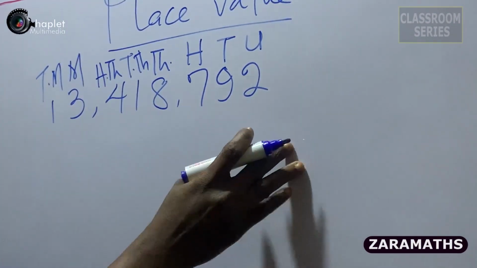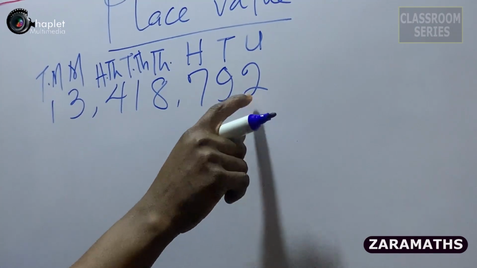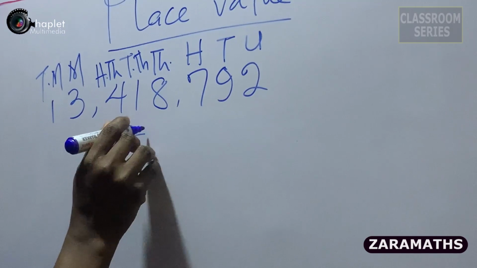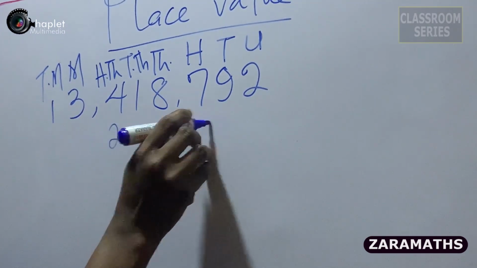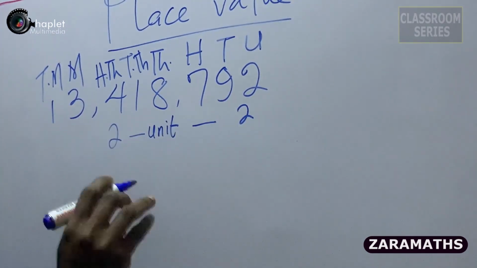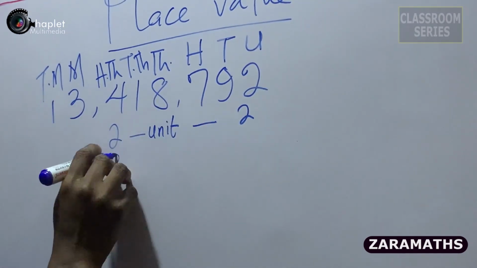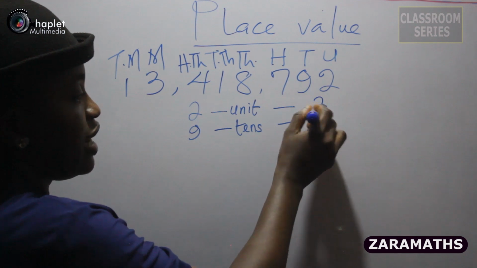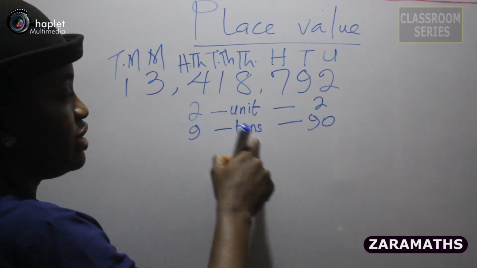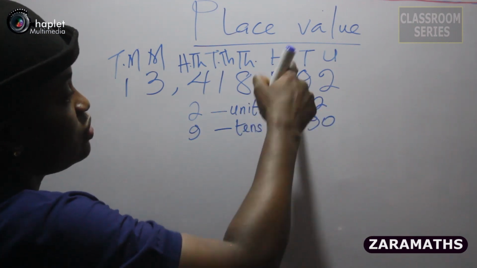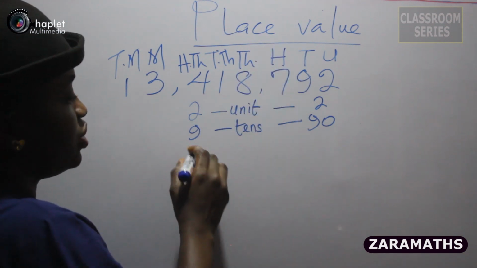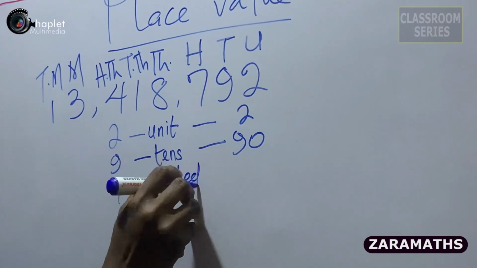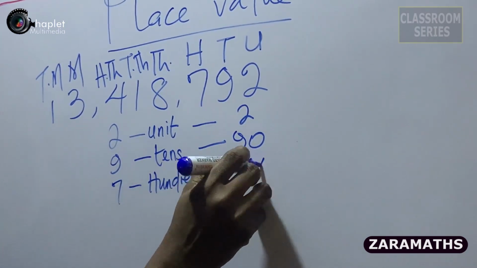This implies that the place value of 2 in this figure is units. 2 is the unit, or you write it as simply 2. The place value of 9 is tens, which you can write as 90. 9 tens, 90. 7, the place value is hundreds, which you can write as 700.